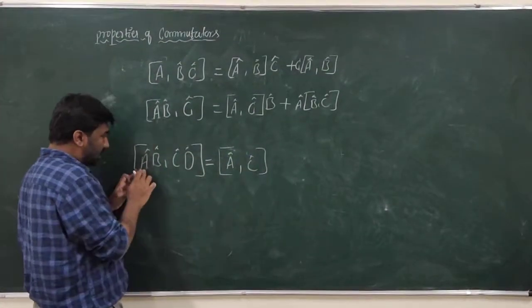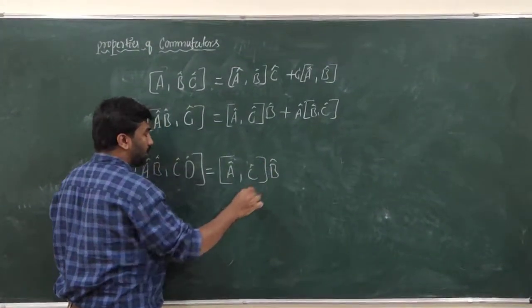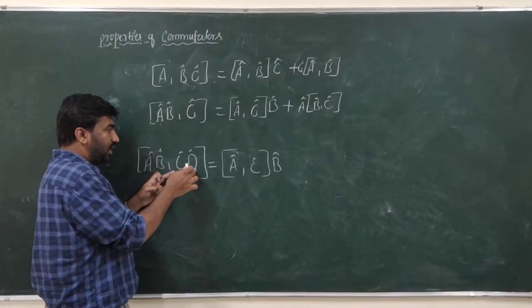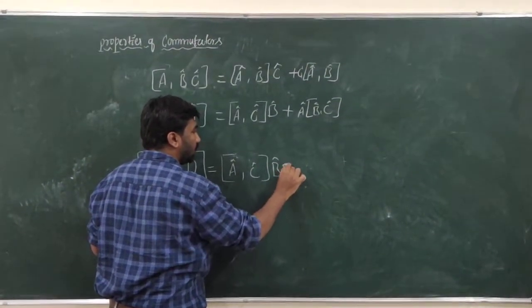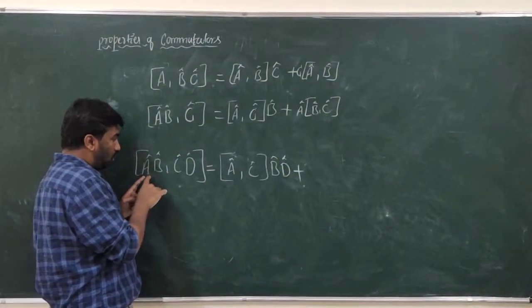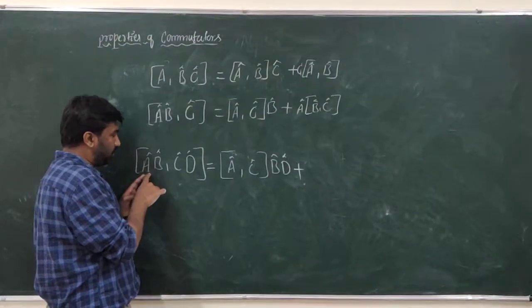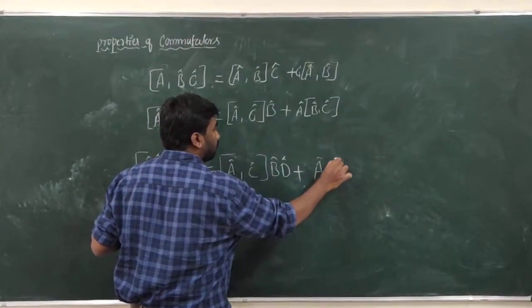Okay, for this A operator, B is on the right side, so write it on the right side of this commutator bracket, and for C operator, D is on the right side, so D right here, plus for A operator, now again we have to write the commutation relation for A and D. So [A, D].